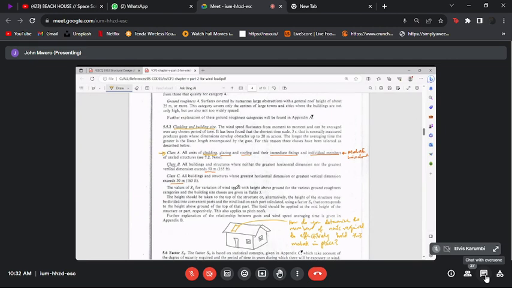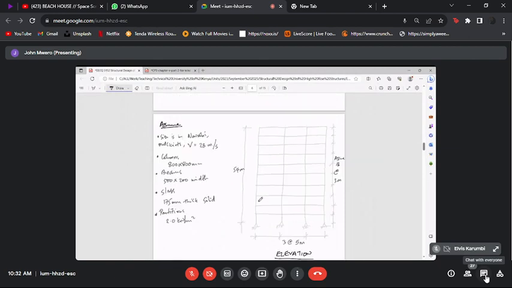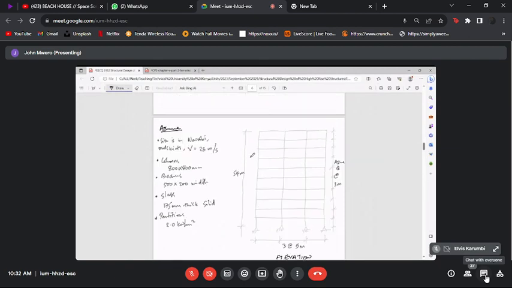And you will see that this is the most critical class for the wind speed. Then if you are considering buildings whose dimensions, either horizontal or vertical, do not exceed 50 meters, you would classify that as building size class B. If the building that you're considering has a dimension, either vertical or horizontal, which exceeds 50 meters, then that would qualify to be categorized as class C. So now if you look at our building, the height is 54 meters.